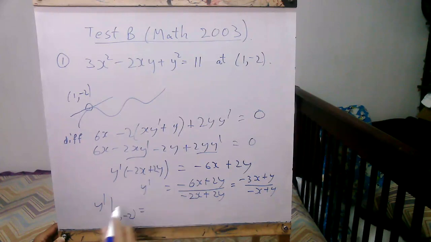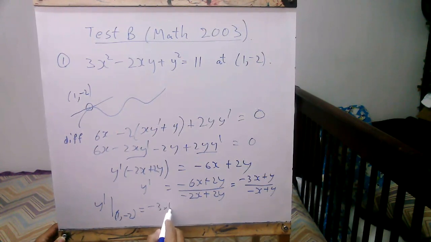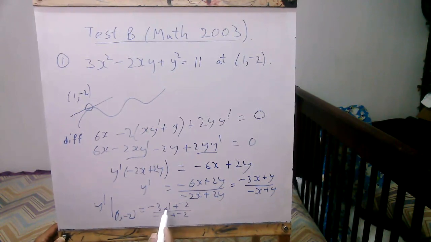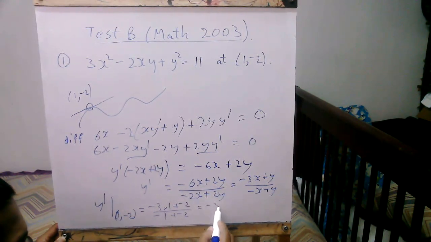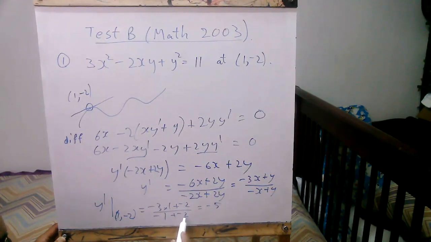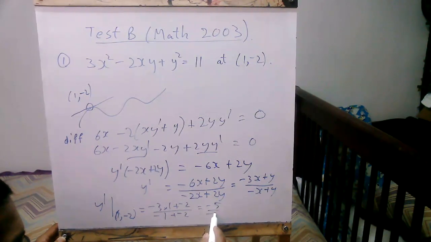equals, with x is 1 and y is -2, (-3 times 1 plus -2) divided by (-1 plus -2). Negative 3 plus negative 2 is negative 5. Negative 1 plus negative 2 is negative 3.